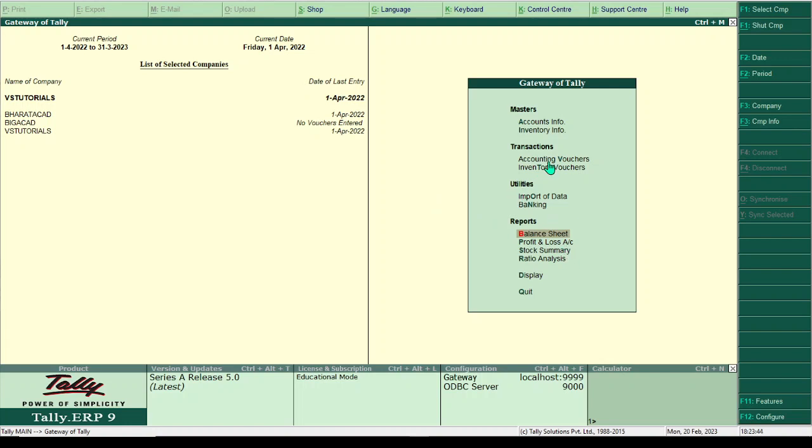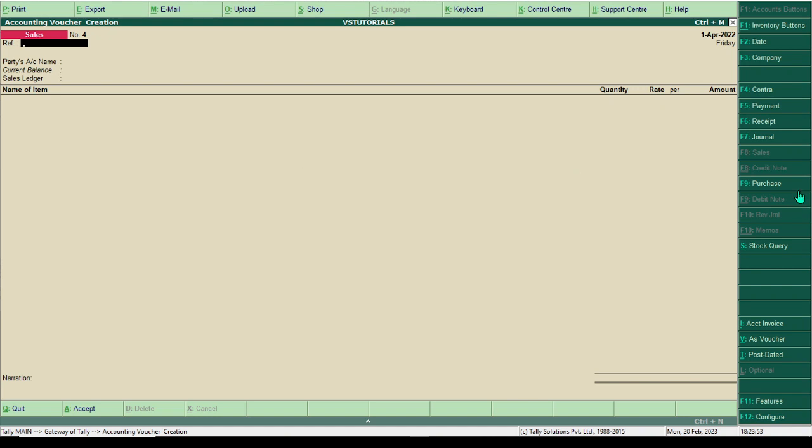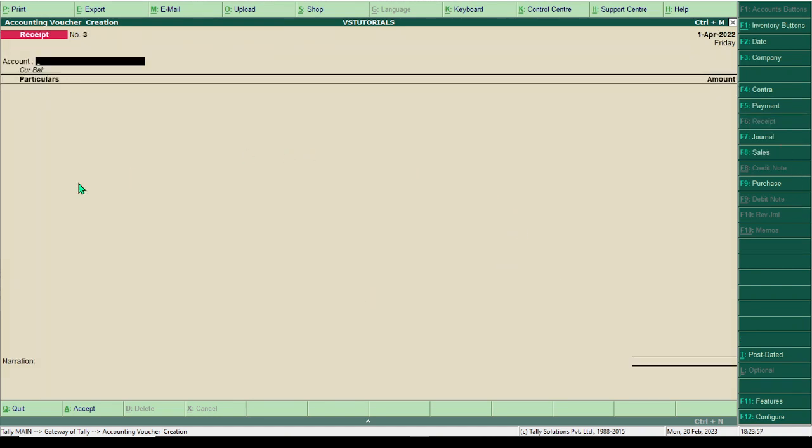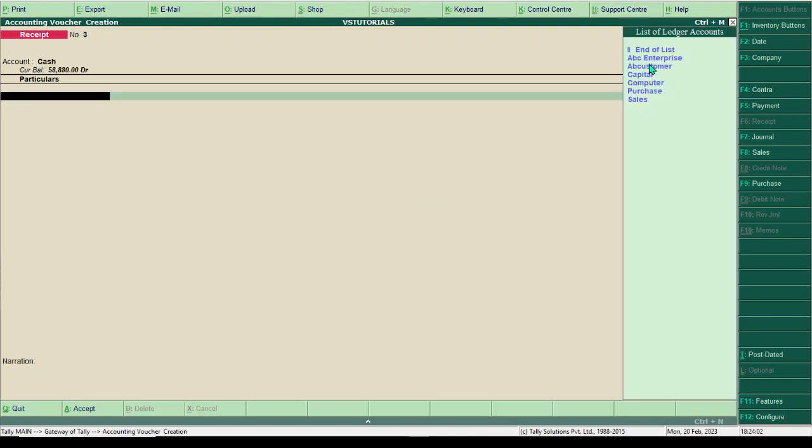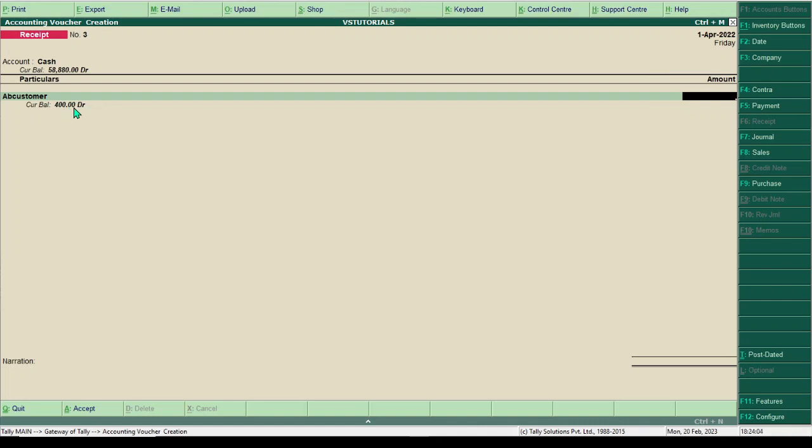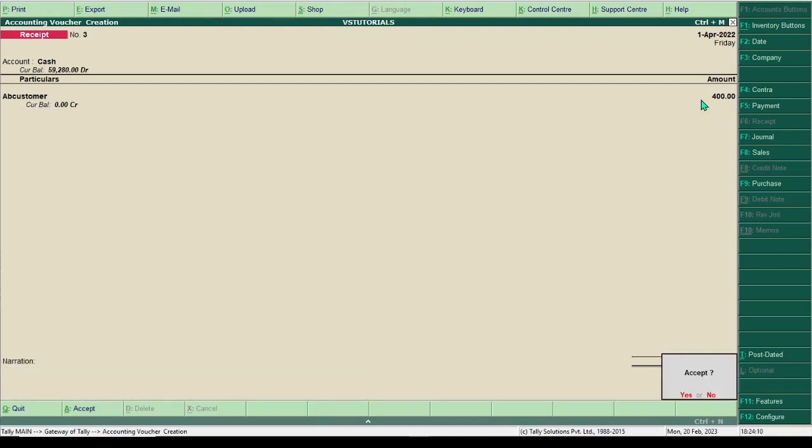So if the customer pays us 400 rupees in the future, we'll go to the receipt mode and we select cash, we select customer, 400 is due, customer has paid us 400 rupees, enter.